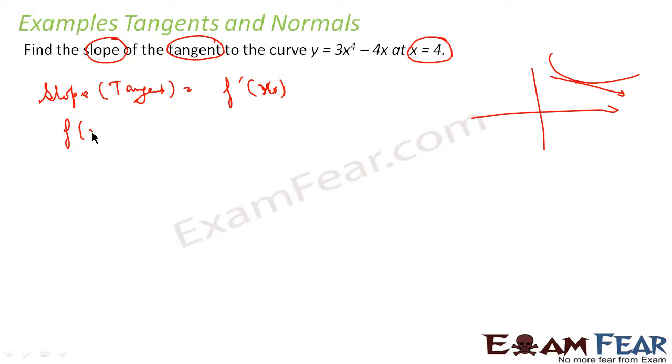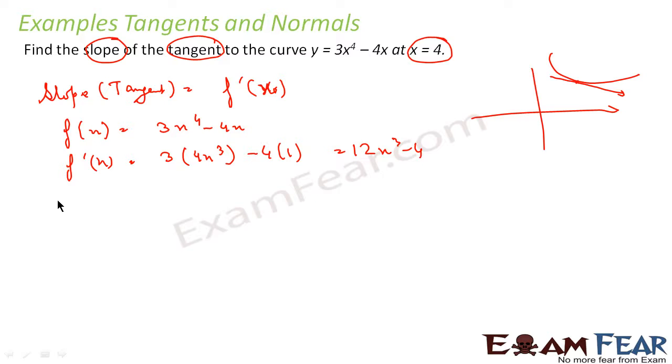Correct? So if my f x is equal to 3x to the power 4 minus 4x, my f dash x will be nothing but 3 into 4x cube, and x will become 1. That is 12x cube minus 4. Now instead of x, I'll put 4 because I am interested in f dash x naught, and here x naught is 4. So this becomes 12 into 4 cube minus 4. That is 12 into 64 minus 4.